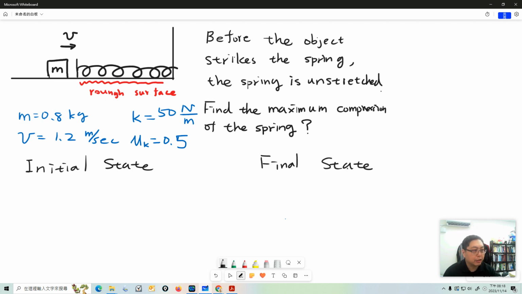What's the kinetic energy at the initial state of the system at the very beginning, just the moment right before the striking?